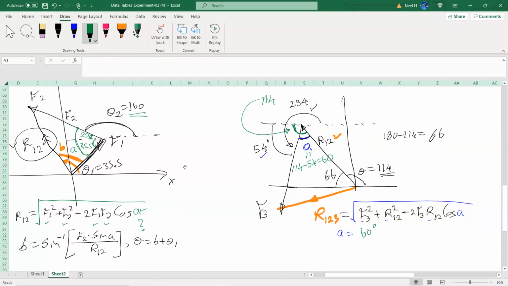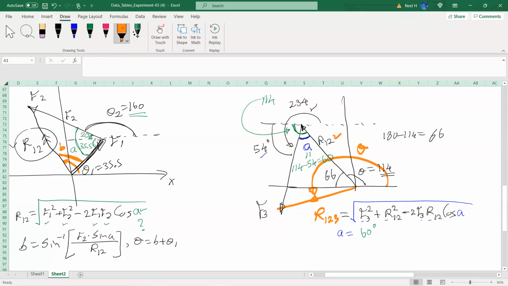Now I can calculate the R123. You have to do that yourself with your group. And then you have to find the direction of R123, which means the angle starting from the x-axis all the way to here. That's the theta we needed for this case. I can't find that directly because the sine rule allows you to find only something inside.